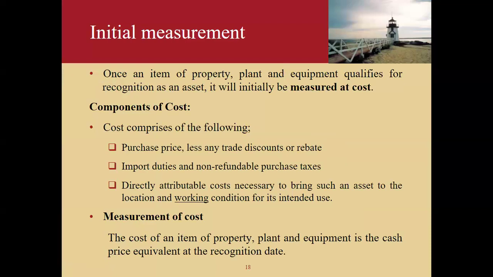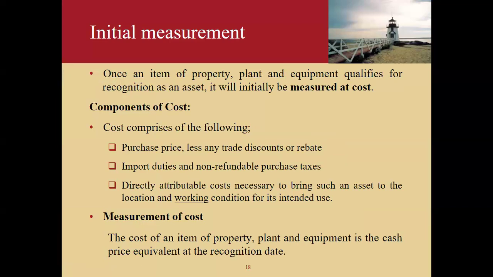We have two stages of measurement. So we are going to look at the initial measurement of property, plant, and equipment. Once an item of property, plant, and equipment qualifies for recognition as an asset, it will initially be measured at cost.